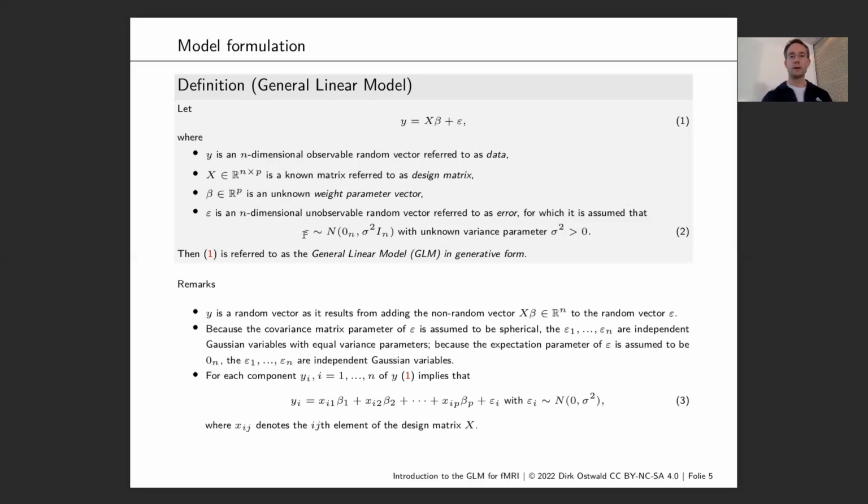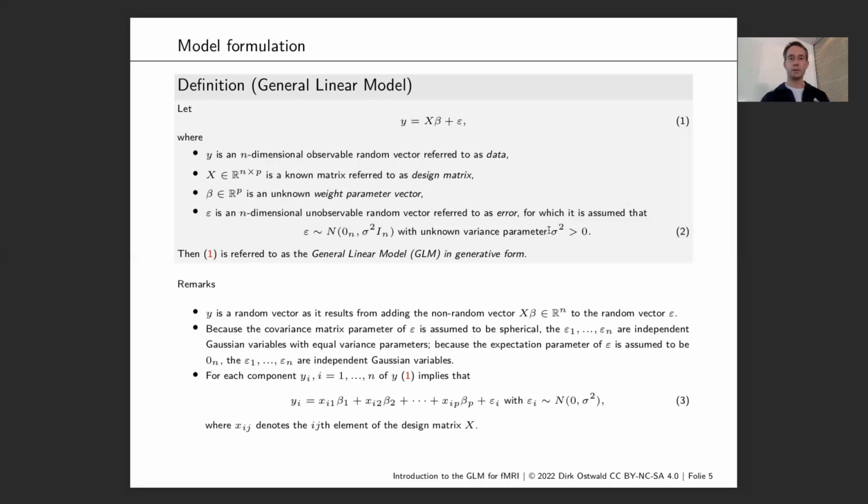And for this error, it's assumed here until further notice, namely tomorrow when we talk about covariance components, that it's distributed according to a multivariate Gaussian, an n-dimensional Gaussian, with expectation parameter 0n, so that's this n-dimensional vector of all zeros, and with a covariance matrix given by sigma square, a scalar larger than 0, times the n times n identity matrix. And what's unknown here is this variance parameter.